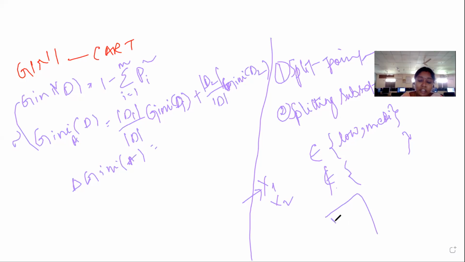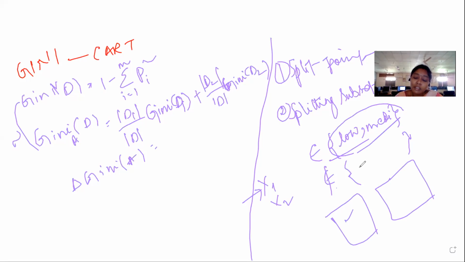So irrespective of left and right, we have two partitions for the data set. All the tuples whose income satisfies this subset fall under the first partition. All the tuples whose income does not belong to this subset fall under the second partition. Like this, we have generated the partition.